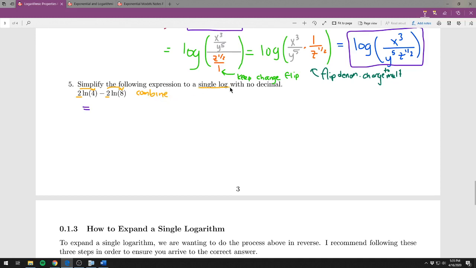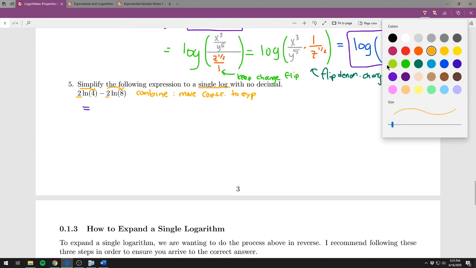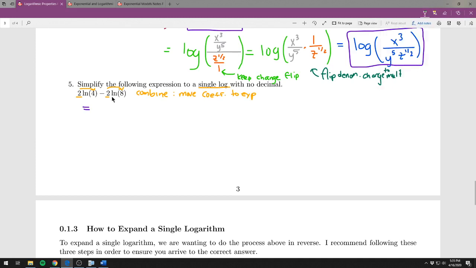Right, with single logs telling us to combine, we want to move the coefficients to exponents like we did before. So we do that, we get the natural log of 4 squared minus the natural log of 8 squared.